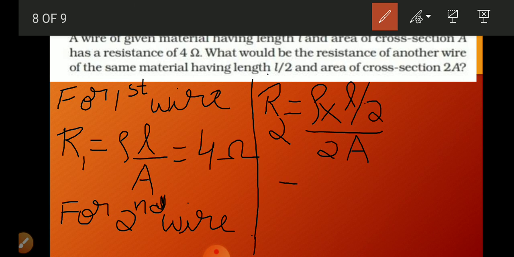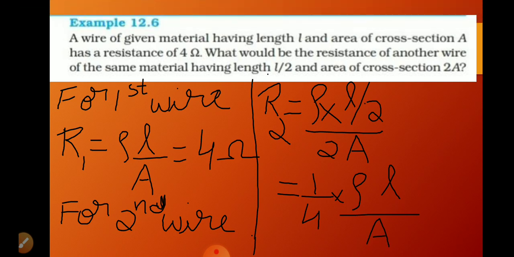So which is equal to, so here 1 by 2, here in the denominator 2, 2 into 2 is 4. So I'll take that out, 1 by 4 into rho into L divided by A. Just observe here, rho into L by A, where is it? So it is R1.